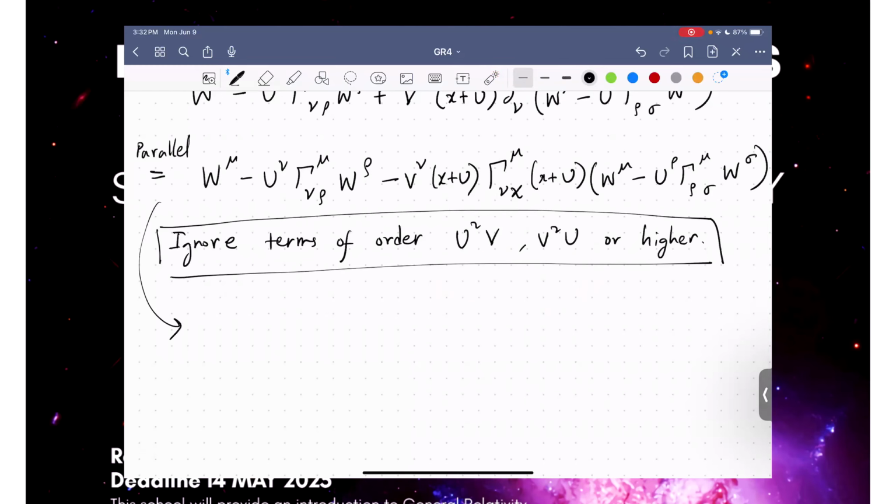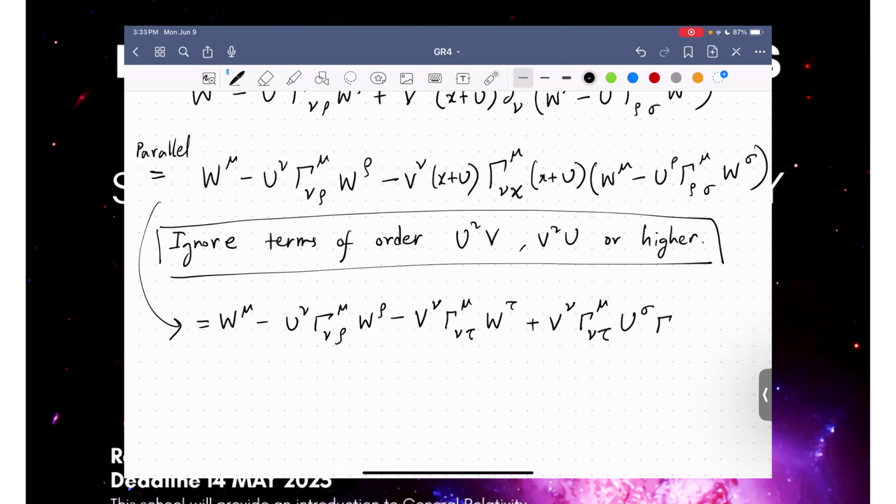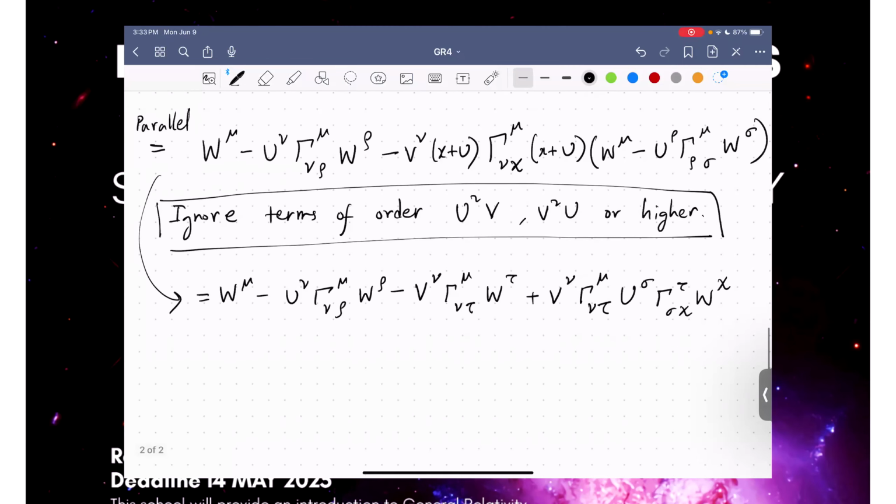So doing this, what we find is that this is equal to one problem with this kind of expressions is that you end up with so many indices, you kind of start to run out of letters.